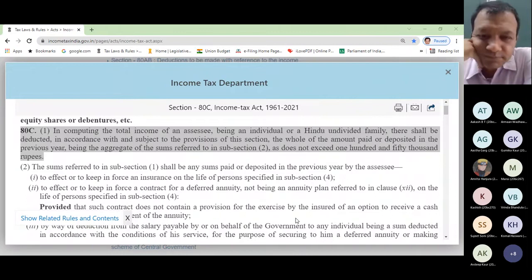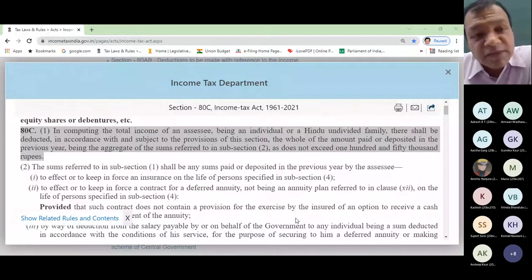Maximum deduction under this section can be 1,50,000, and maximum payment or deposit made under this section can be 1,50,000. No, no. It's not that I can maximum pay 1,50,000. I can pay 1 crore 50 lakh also, but I will get a deduction of 1,50,000. So this section cannot restrict me how much I can pay or deposit.